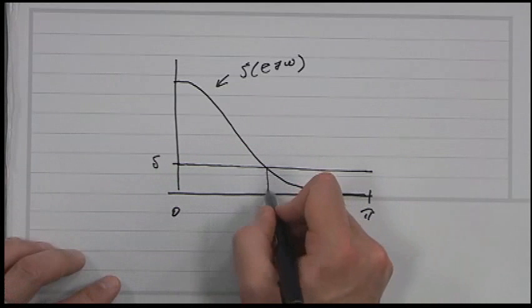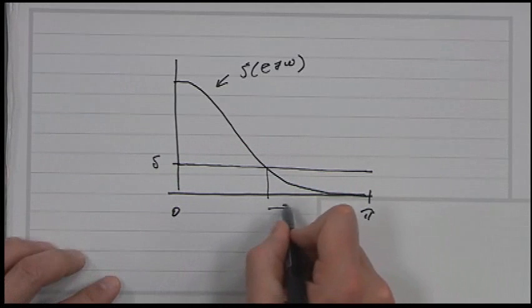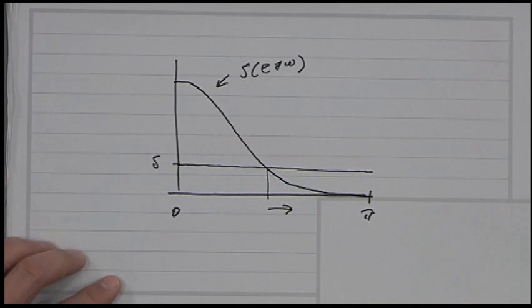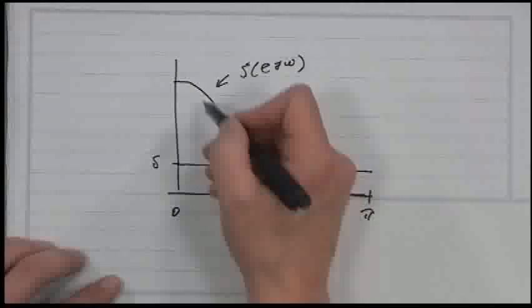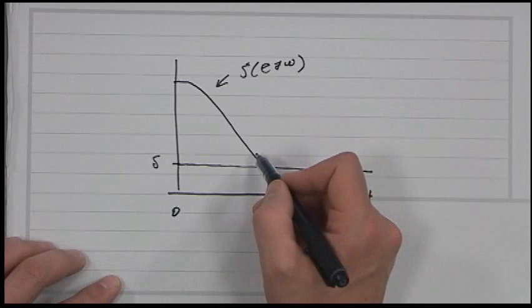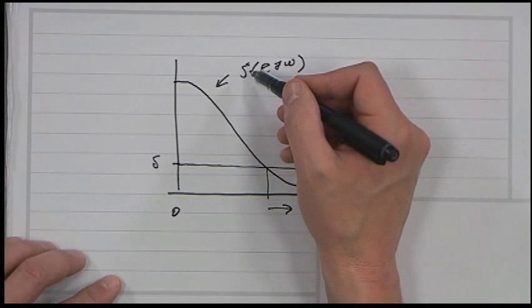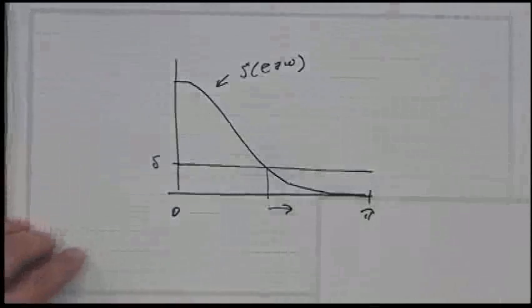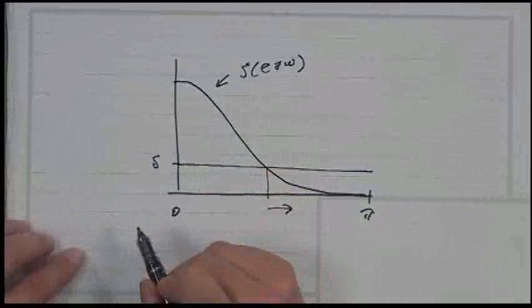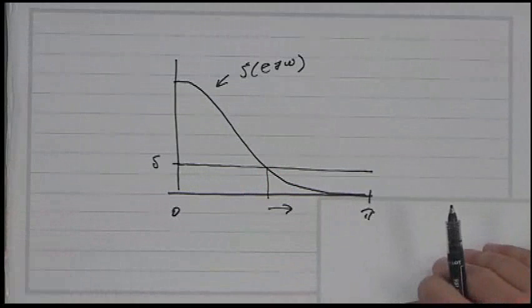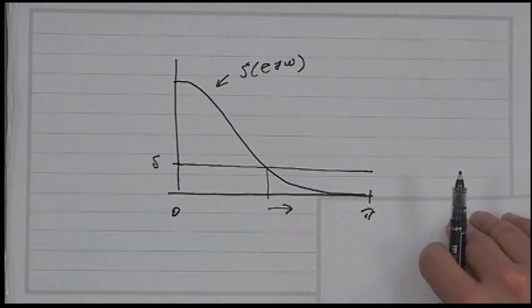Basically, you get rid of the coefficients that fall below the threshold. You don't bother quantizing them. And for the rest, the number of bits you have to allocate per sample is related to the ratio of delta to S. So it's the same argument. Right? Okay, and that's pretty much how it works.